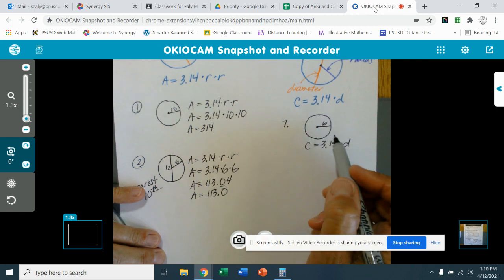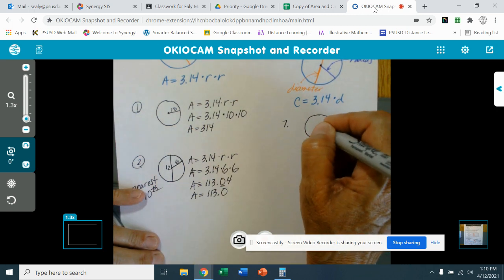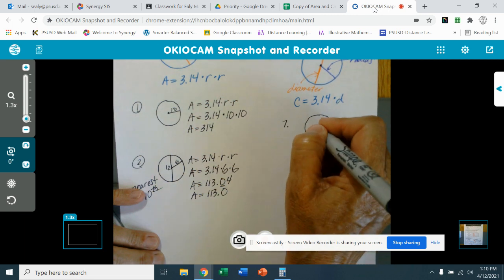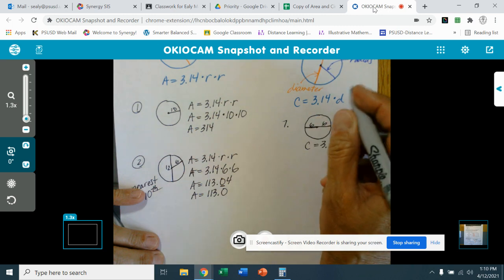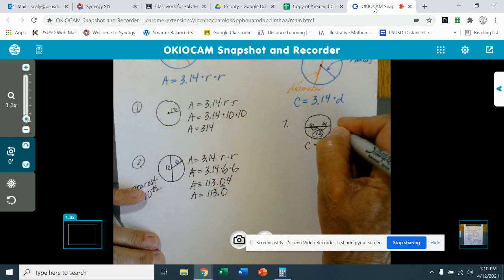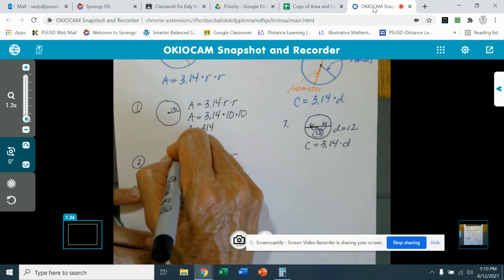Uh-oh, but I don't have a diameter. However, Miss Ely told me that the radius is half of the diameter. So if that is 6, this also has to be 6, which means that the whole thing is 12. So diameter equals 12. And over here, the radius equals 6.